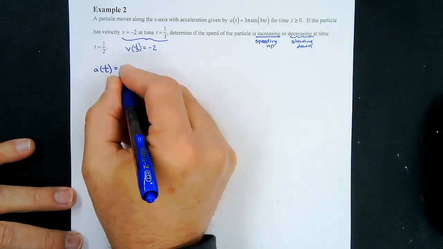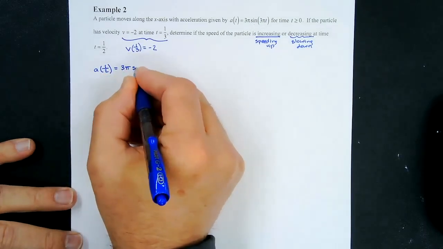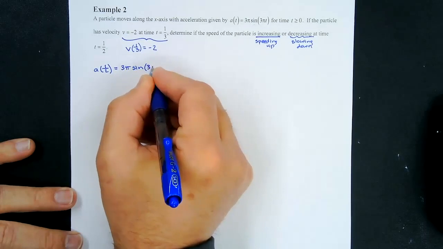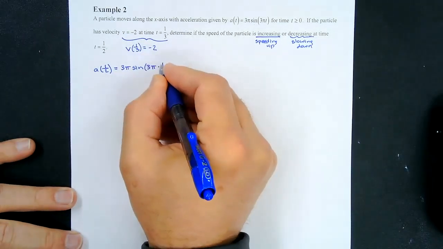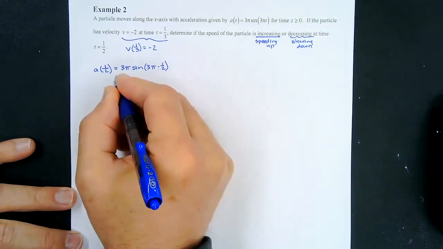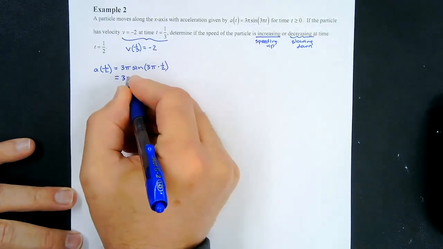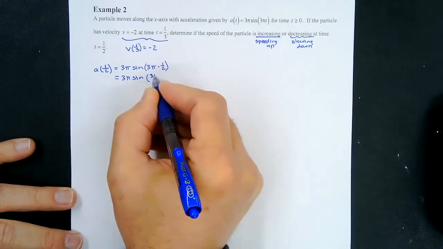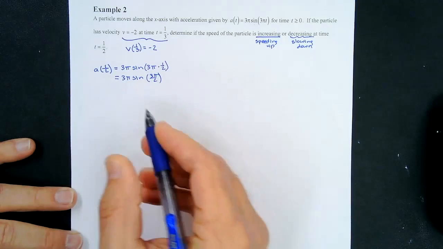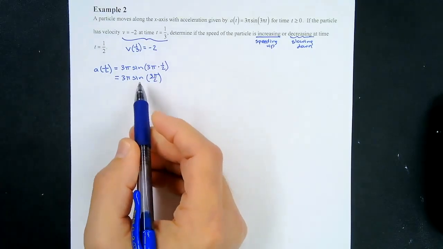All right. So we want to find the acceleration at time 1/2. Okay, so that'd be 3 pi sine of 3 pi times t, right? And t is 1/2, so times 1/2. And so that gives us 3 pi sine of 3 pi over 2. Okay, so we need to evaluate sine of 3 pi over 2, right?